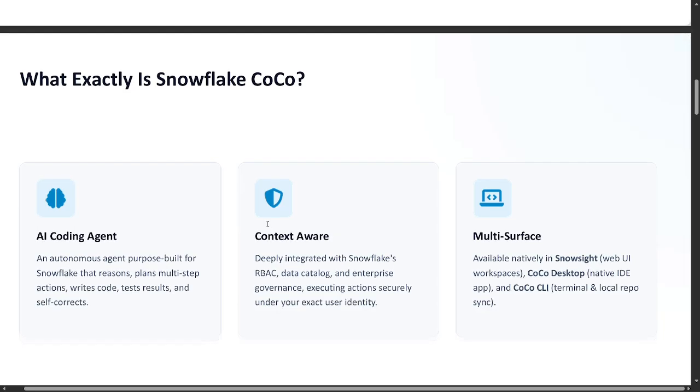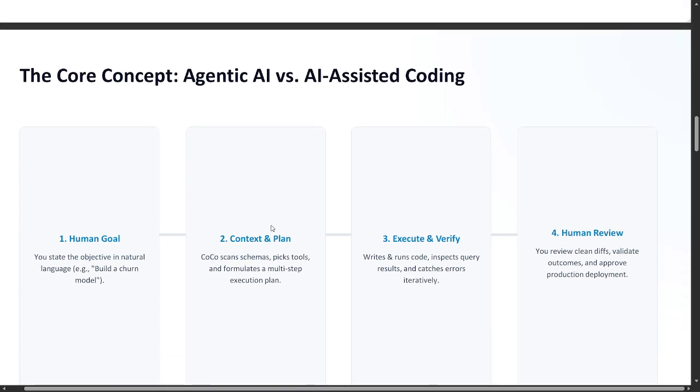Correct. So now let's talk about its core concept. That means, for example, how is agentic AI different from AI-assisted coding? We have to know, right? If we talk about the human goal first, what exactly happens? You state your objective in natural language. For example, your problem description might be: build a churn model. Then what does CoCo do?